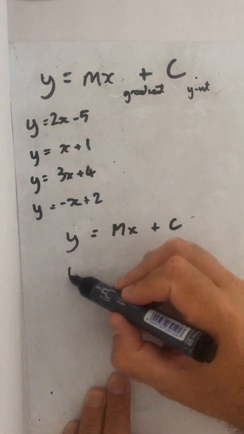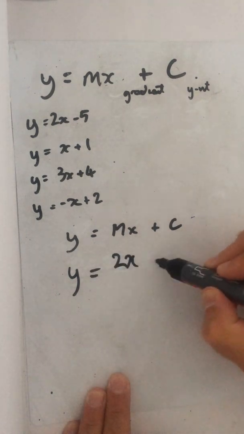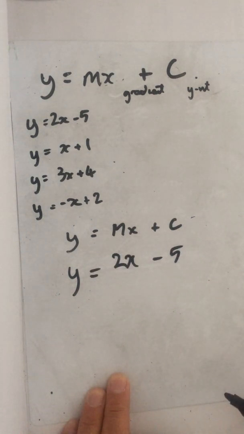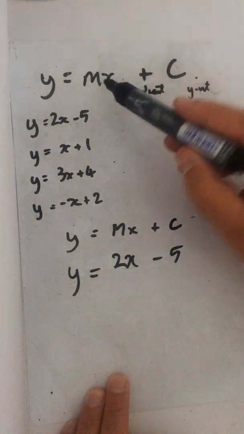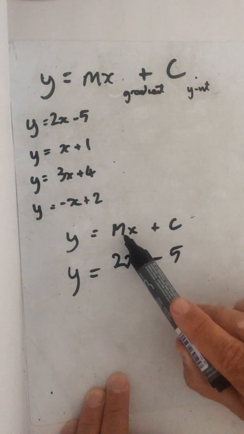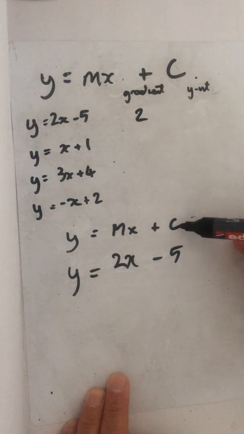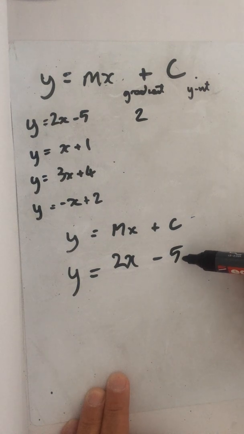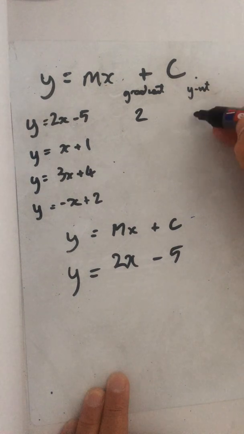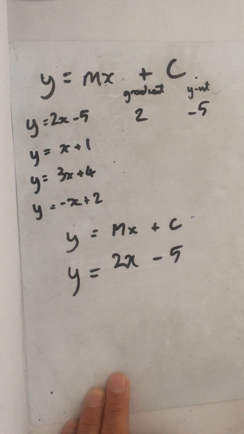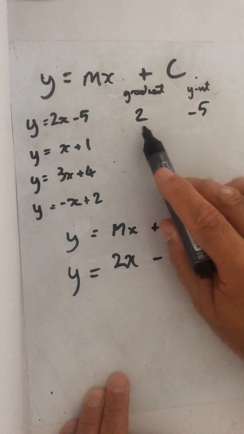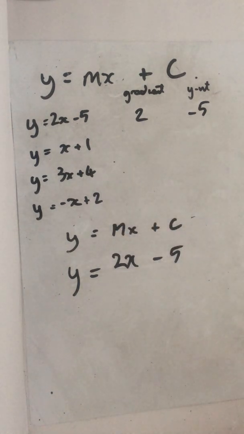So if we put this underneath, y equals 2x minus 5, that tells us straight away that m is the gradient, so m is 2, and c is the y-intercept, which in this case is minus 5. We've very easily, without having to do all the different working out of the equations, got it there nice and easily.